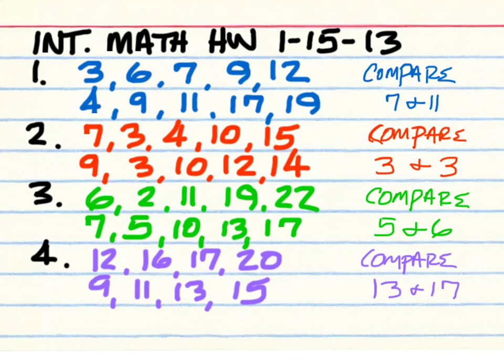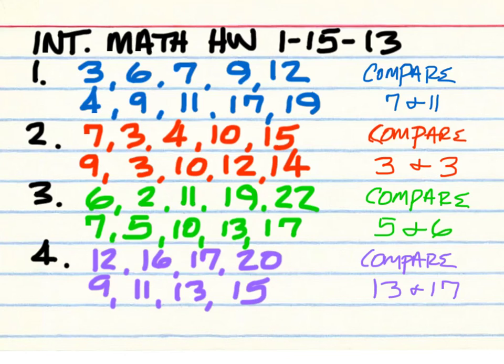I color-coded this assignment so they don't all run together. So 1 is blue, 2 is red, 3 green, and 4 purple. And your questions are out to the right. When it says, like in number 1, compare 7 and 11, that 7 is from list 1 and 11 is from list 2. First number is list 1, second one list 2.